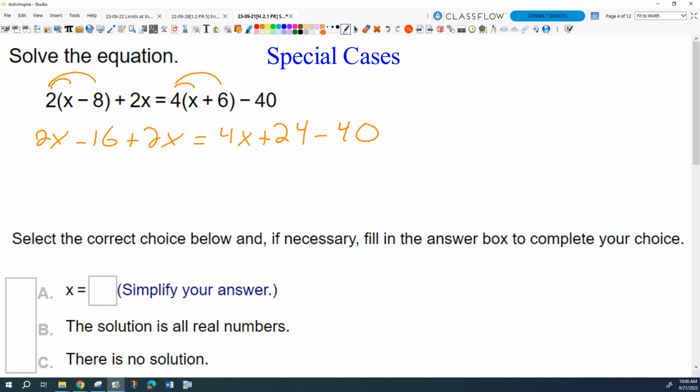Combine like terms on both sides, okay? So I get, let's see, 4x minus 16 equals 4x minus 16, okay?